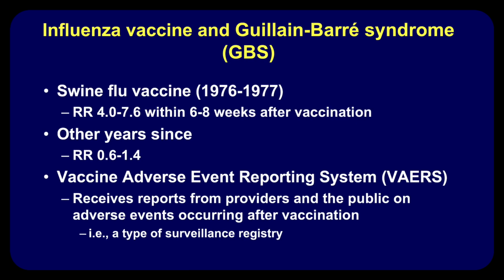So here's a little bit of background. There has been a history of the flu vaccine known to be causally associated with Guillain-Barré syndrome. It happened in the year of the swine flu vaccine, a year when there was a lot of worry about this particular strain of flu, and a special vaccine was made and distributed, and there was a large increase in the risk of Guillain-Barré syndrome, with relative risks ranging from 4 to 8 within the 6 weeks after vaccination.